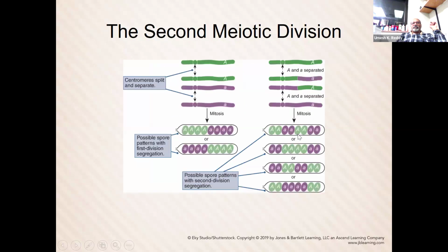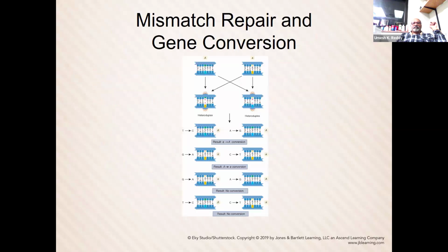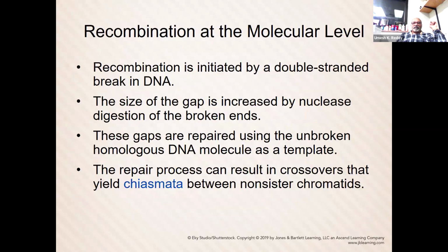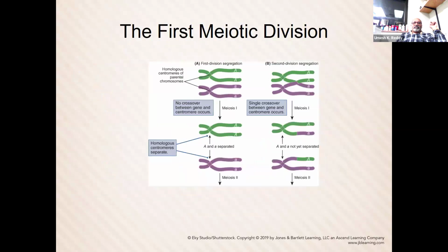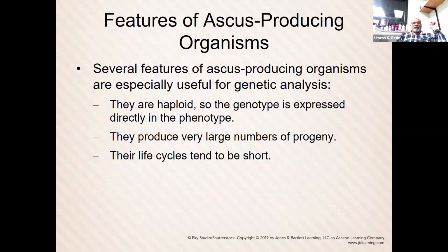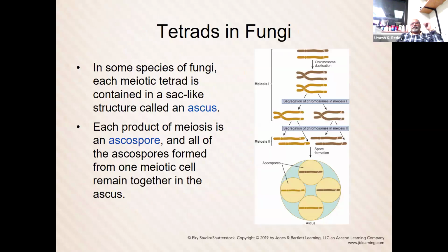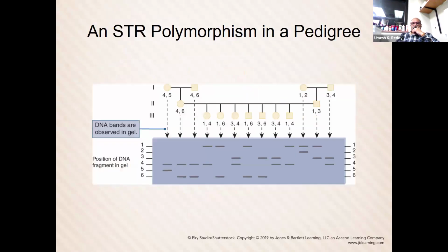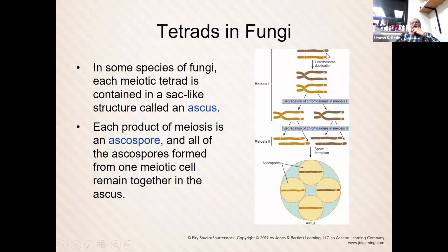Let me see. Where is that other figure? Unfortunately, the other figure is not there. Yeah, here it is. Okay, here are 2 homologous chromosomes. And these 2 homologous chromosomes are going to segregate in meiosis.